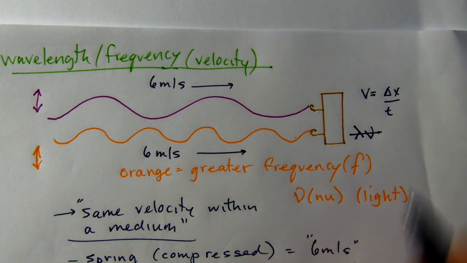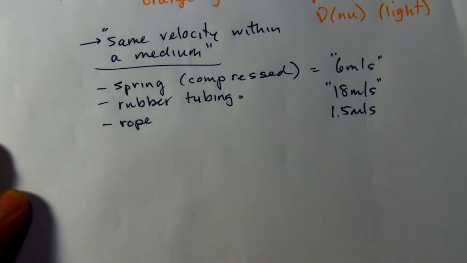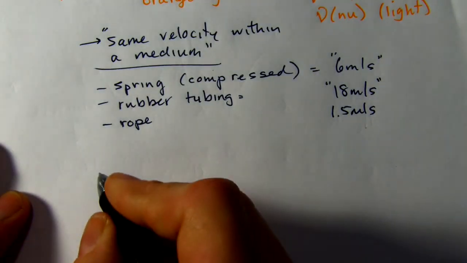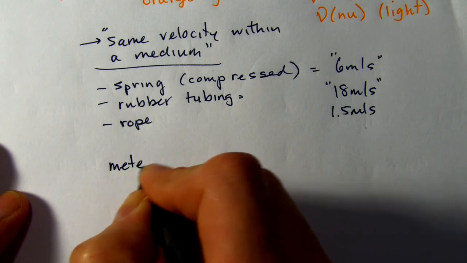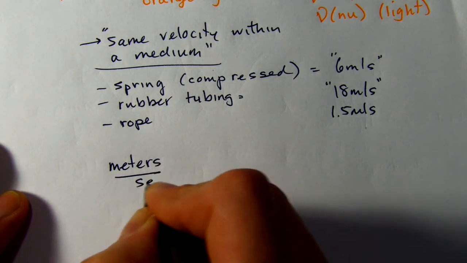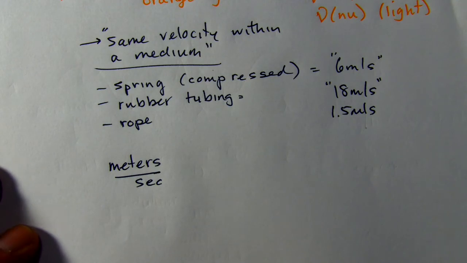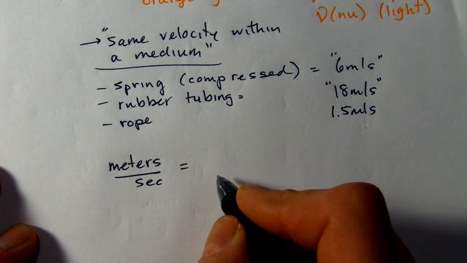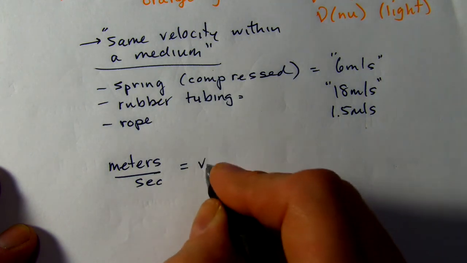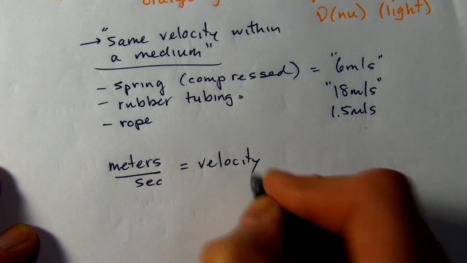I'm sorry. Let's go down here. If you have the wavelength, meters per second, and the frequency, that would be the velocity rather. I'm sorry. That's the velocity here.